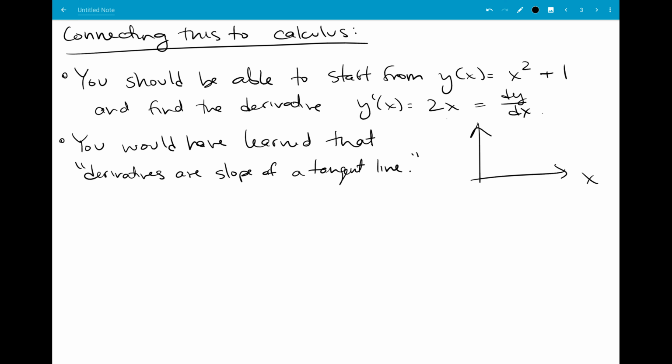So if you had x and y, and here's your x squared plus 1 looking kind of like that, then at any point on your curve, you would have said, oh, the slope of this line is your derivative.